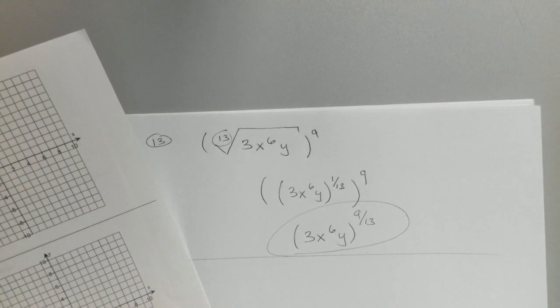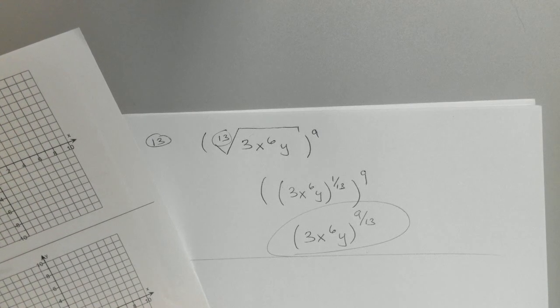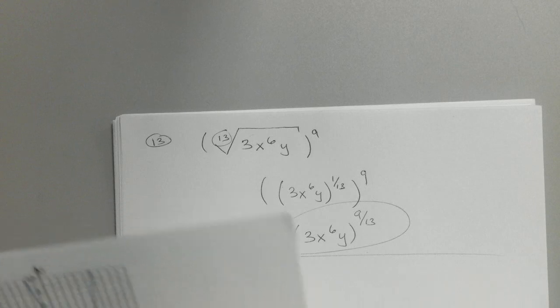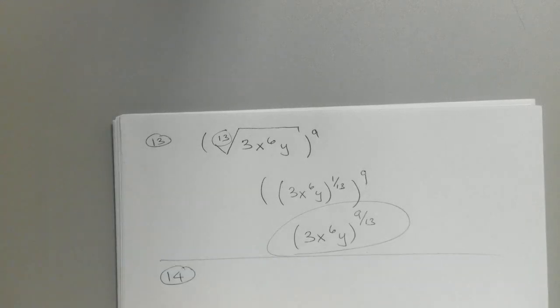So we get x, 6y, 9 over 13. That's it, yeah. We just wanted that to be a rational exponent.